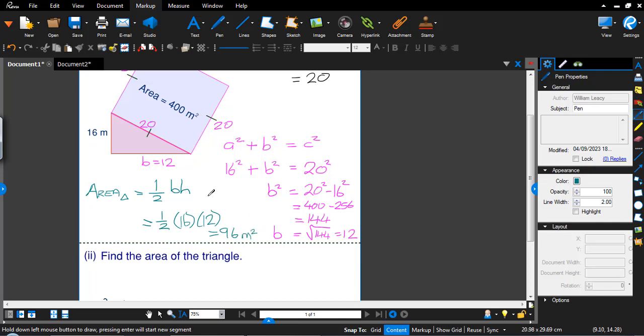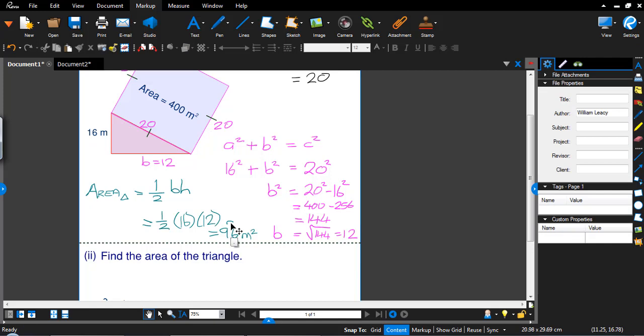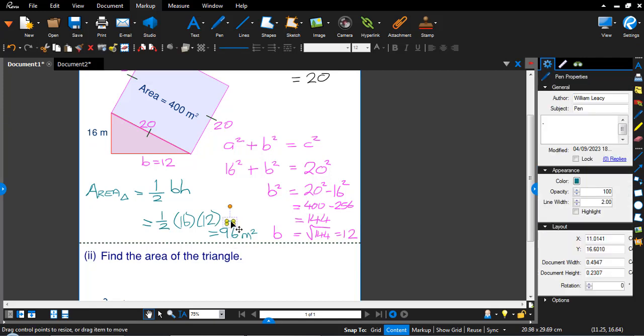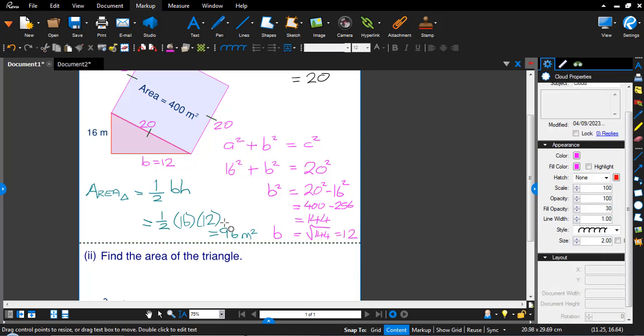Done. That's your answer there. I'll highlight that, but that's it. So it's a step by step using stuff that we know from before.